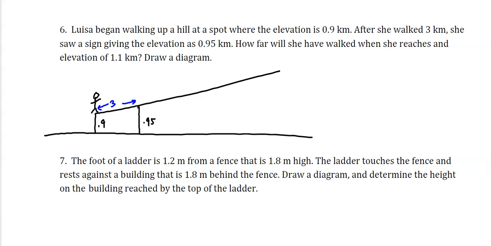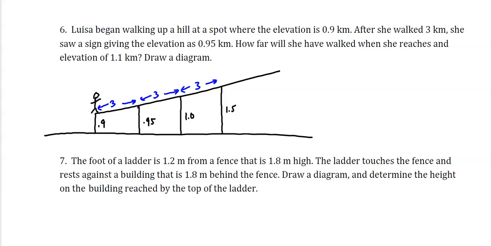So it looks like she went 3 kilometers and she increased by 0.05. Well, if she keeps going up a hill like that, the next height's going to be 1.0, and she will have gone another 3. And then if we go up again, that would be another 3. And it says she's going to 1.1.